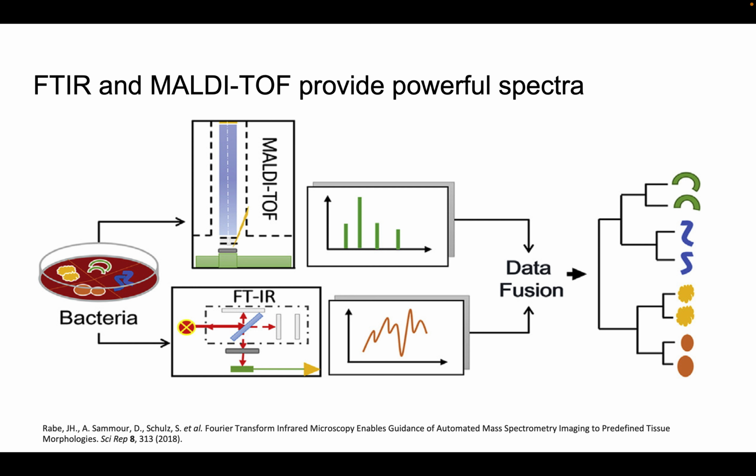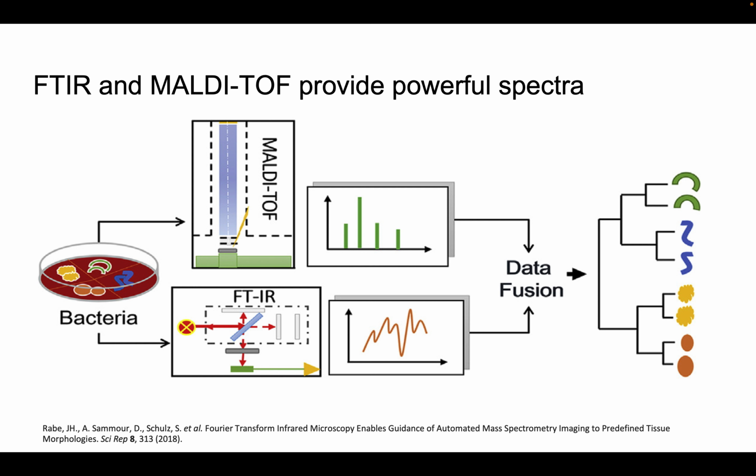MALDI-TOF isn't in a vacuum, so there are other techniques that are used to improve the spectrum gained from using MALDI-TOF. For example, FTIR spectroscopy has been used. So this is Fourier transform IR spectroscopy.